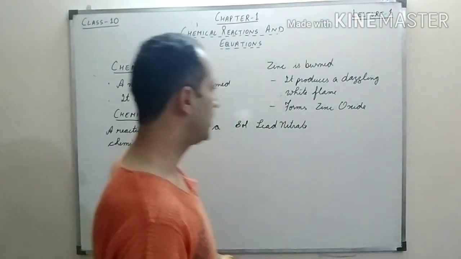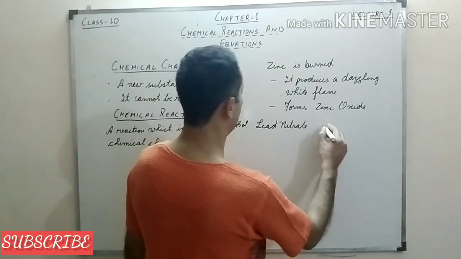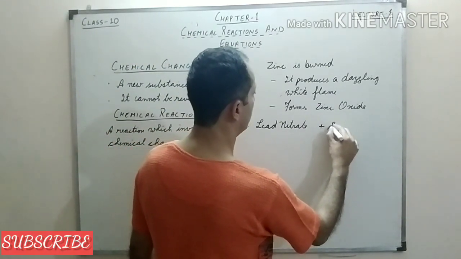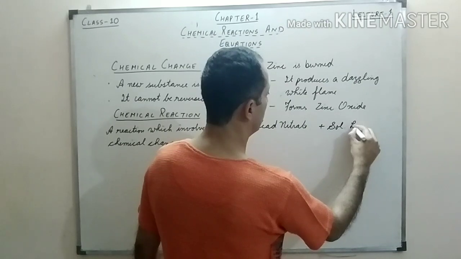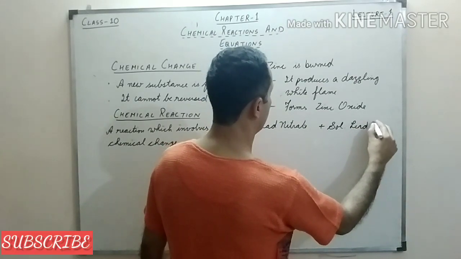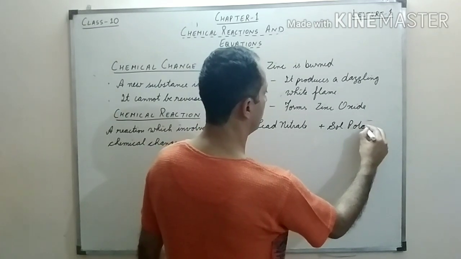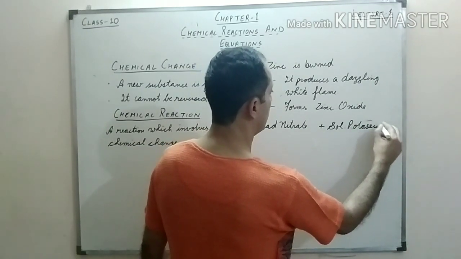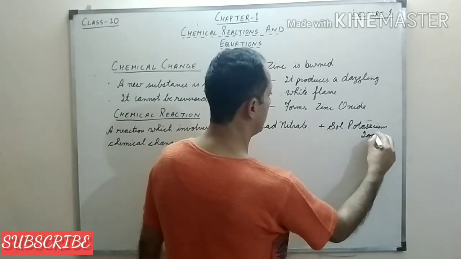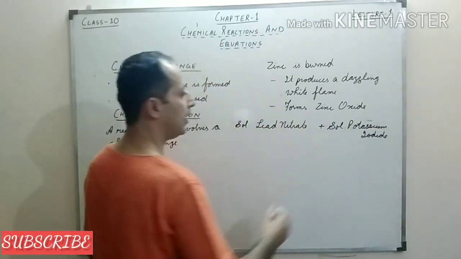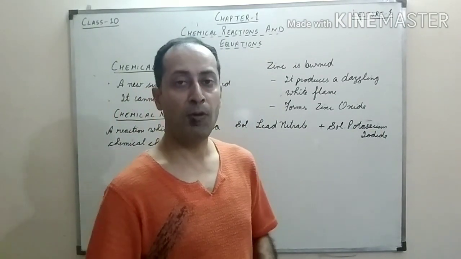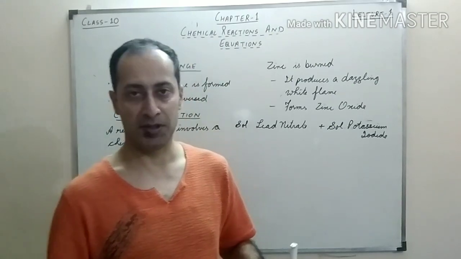And then you also take a solution of potassium iodide. Again, the solution is formed in water and it's a clear solution.